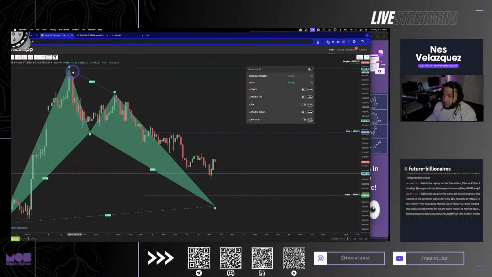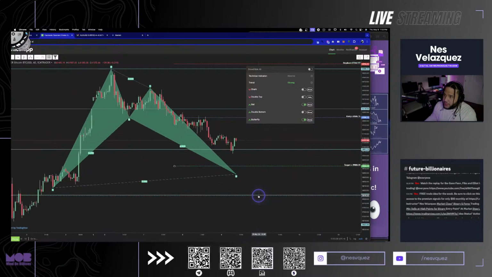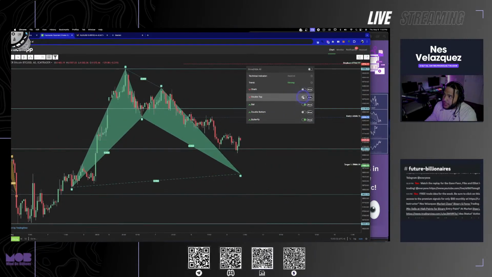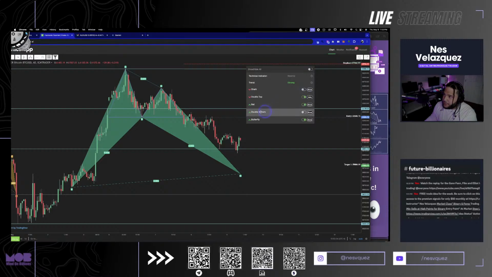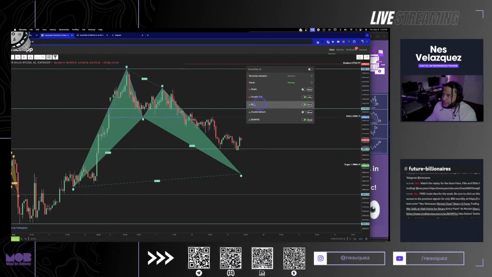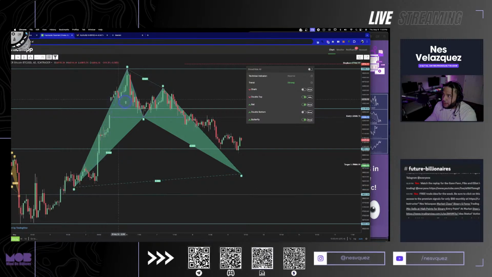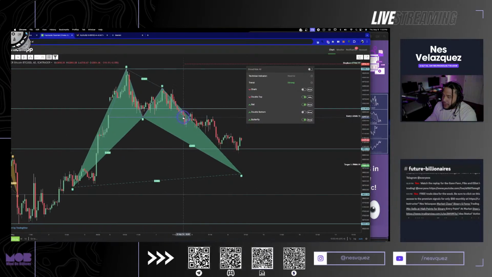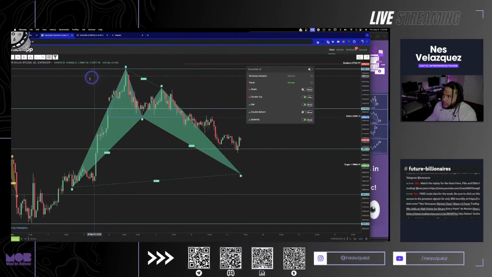And basically, from what I can tell over here, this is based on, remember that double top? Let's look at that double top. Look, this double top formed, which is a part of the bat that's currently forming right now. Once it gets to this point, the full-on bat pattern has shown itself, right?